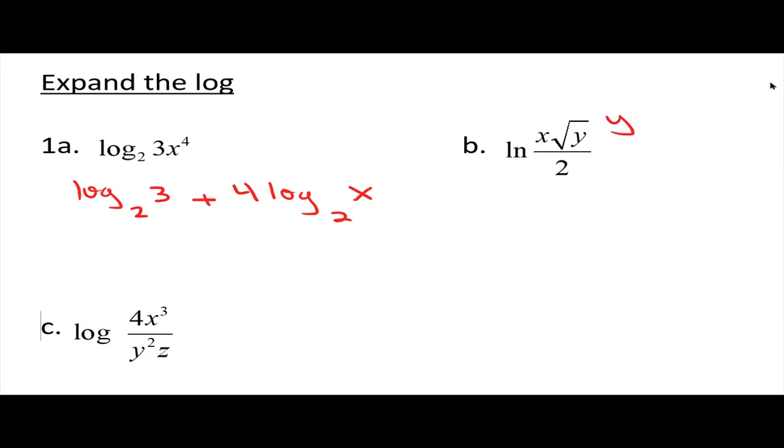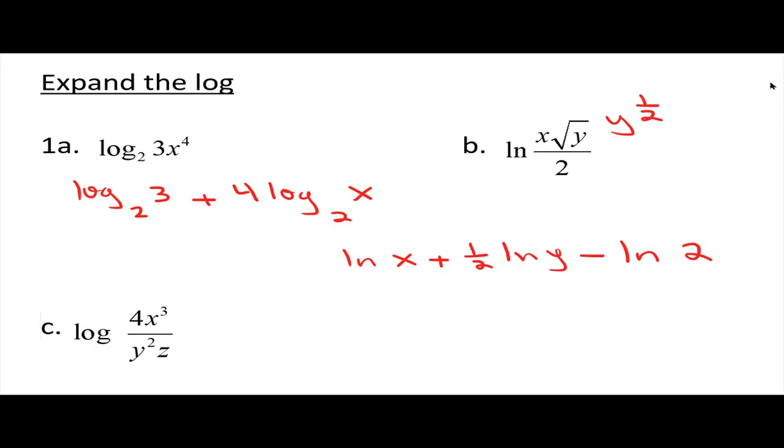So this we know is y to the 1/2 power. So now when we expand it, we're going to have natural log x plus 1/2 natural log y, and then minus natural log 2. So you notice these two natural logs are positive because the x and the y are in the numerator. The 2 is in the denominator, so that's why the natural log is negative.